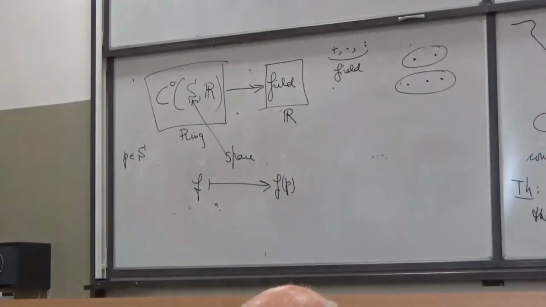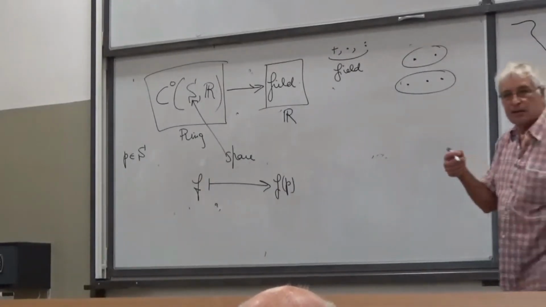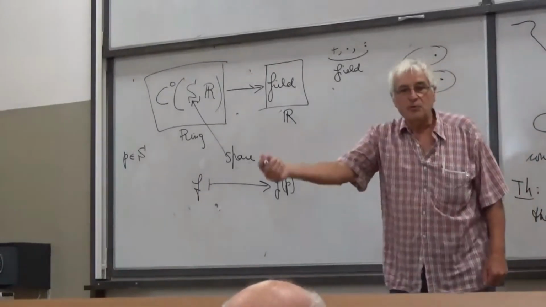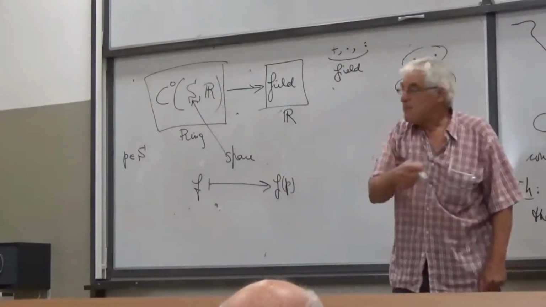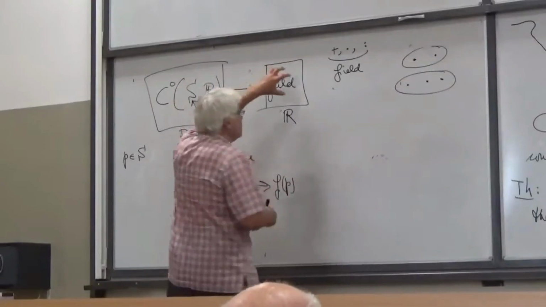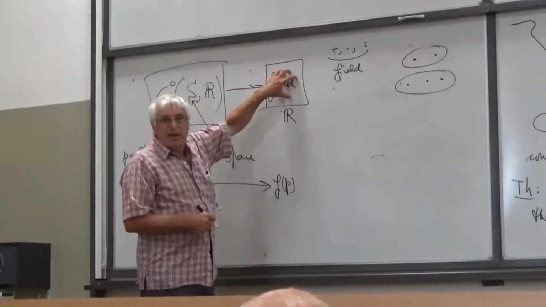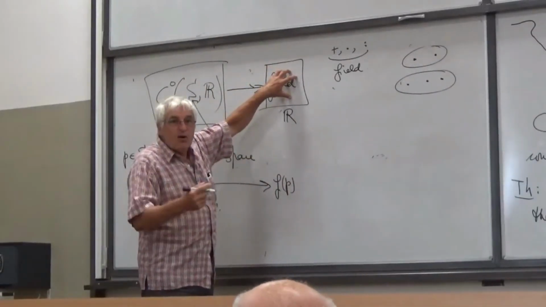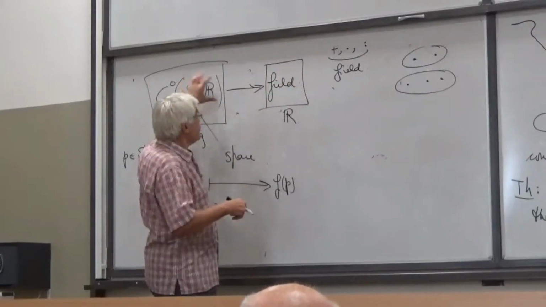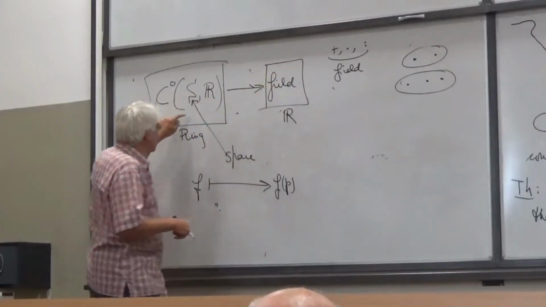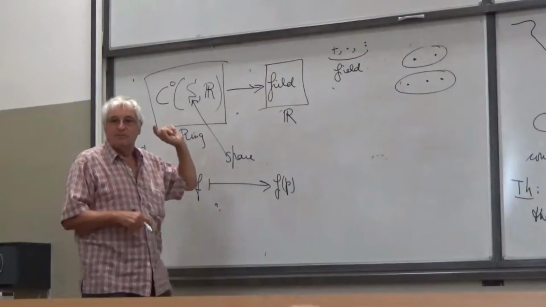Functions at a point give you maps from this ring to that field. And the amazing thing is, all such maps correspond exactly to a point.